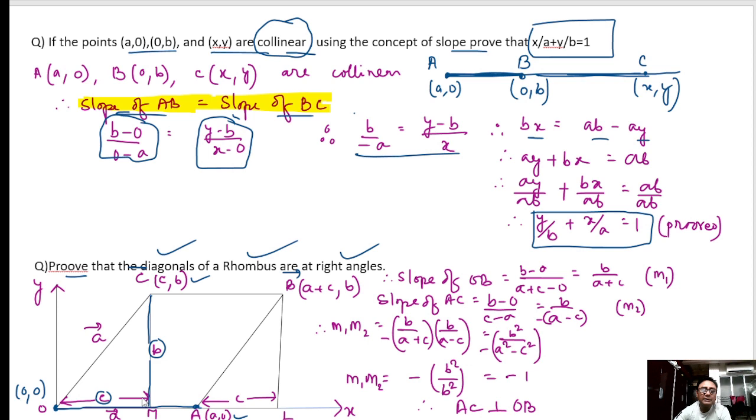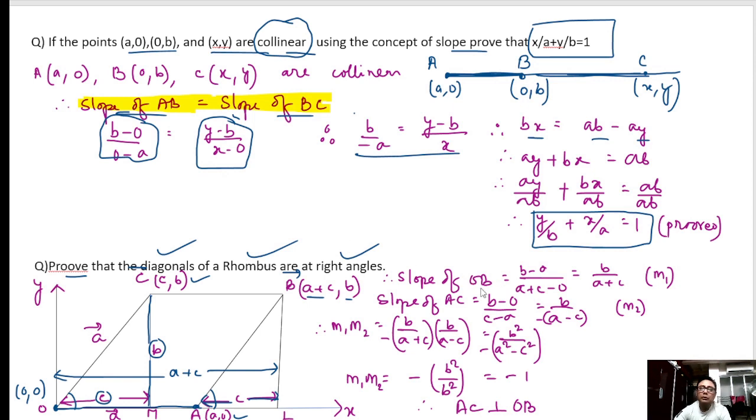Now if this is C, this is also C, because the inclination is the same. So the total length from here to here will be A plus C. That means the x coordinate is A plus C and the y coordinate is B. So we got all the 4 coordinates.